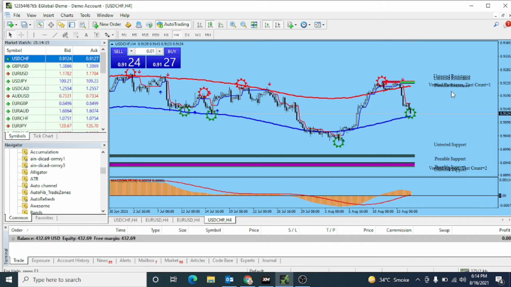For example, if the market moves to a high level and makes a point, and then again touches the high level after some period.